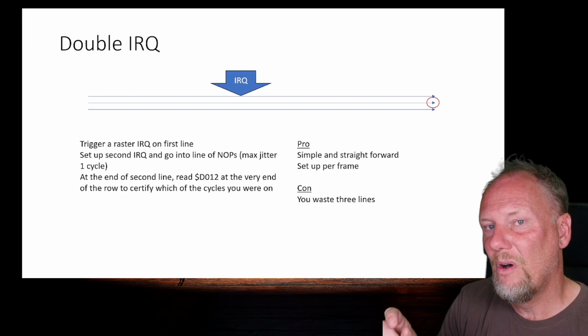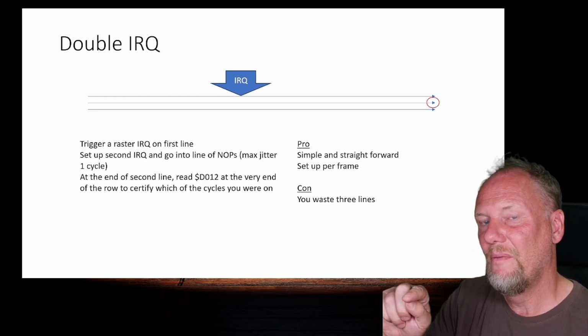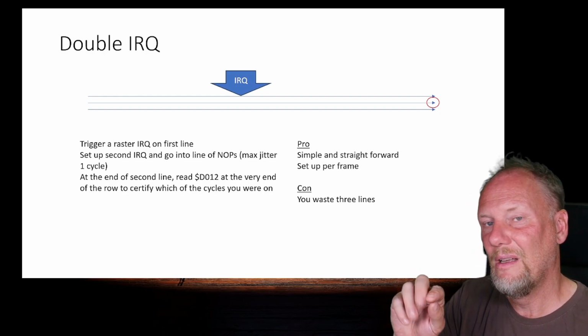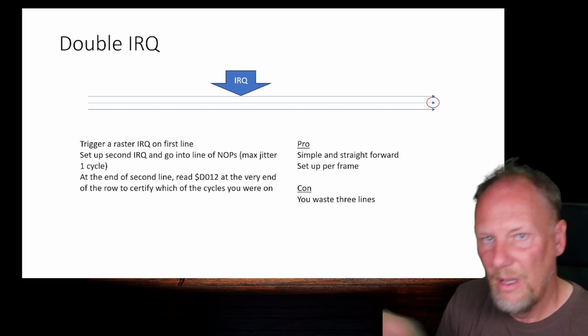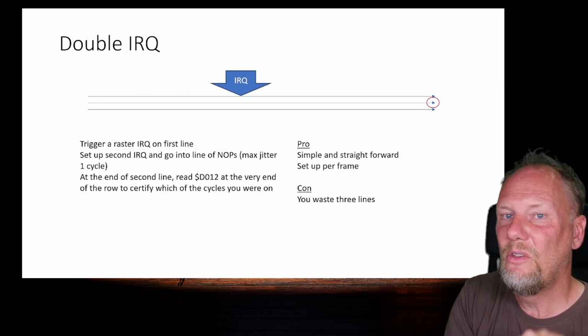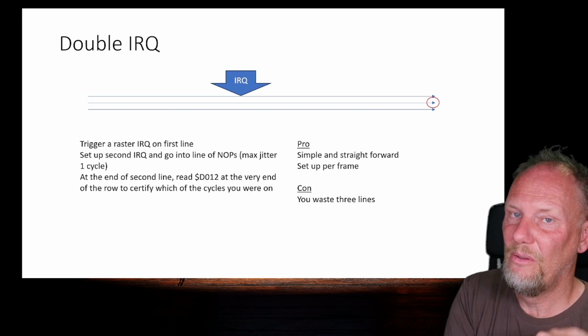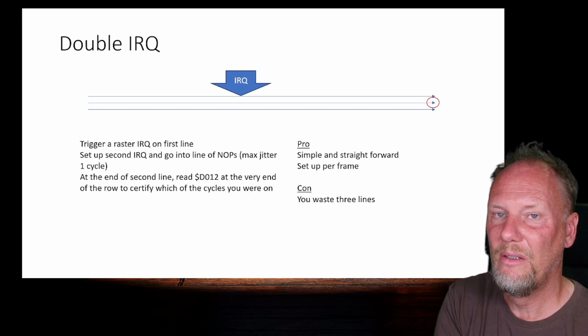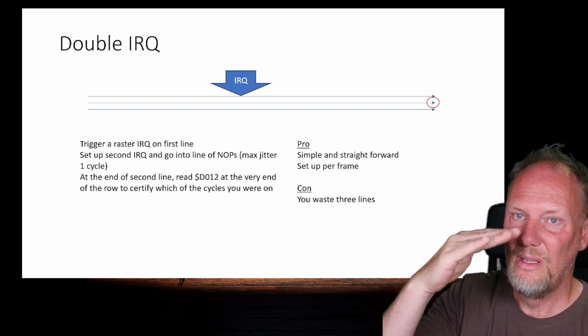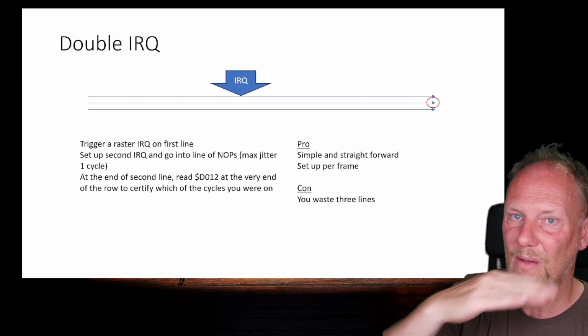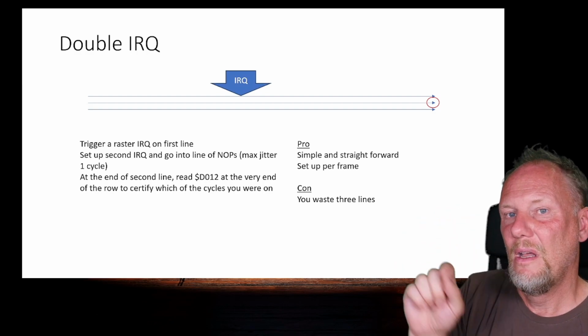And if you were on the second cycle, the D012, so the raster counter, would have wrapped into the next line. So basically the third line. If you have first interrupt, second interrupt, and then you have the third line.